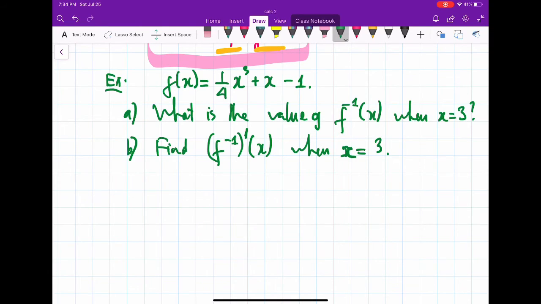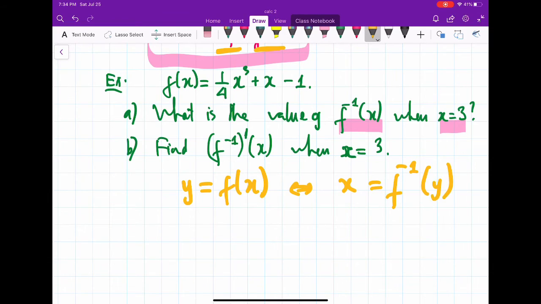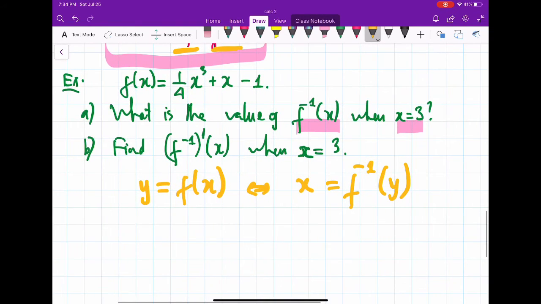In order to find the function value of the inverse function at some point, we need to pay attention to the following. If you have y equal to f of x, then x should be equal to f to the negative 1 of y. Is that correct? That is the definition of the inverse function, because it should be one-to-one, right? So what does it mean to find the inverse function at 3?